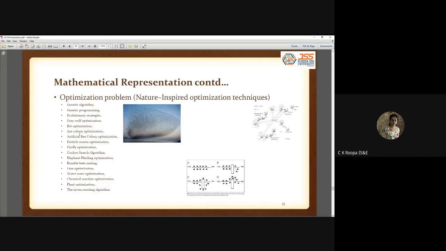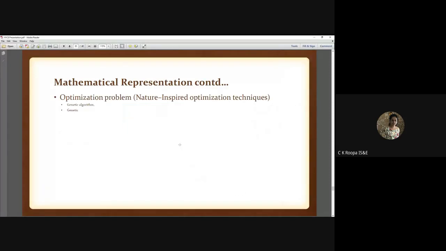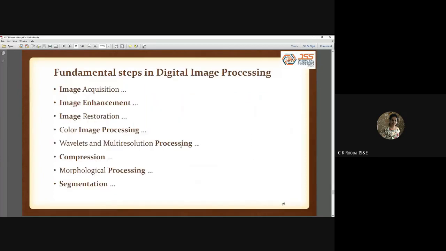The most widely used are genetic algorithms, ant colony optimization, the cuckoo search algorithm, and particle swarm optimization. You can make use of any of these optimization techniques, and you can formulate the mathematical representation to deal with this optimization. Right, so these are the fundamental steps in digital image processing techniques.